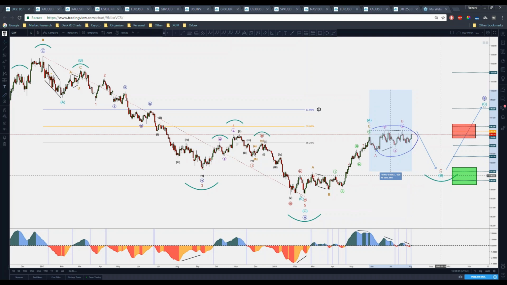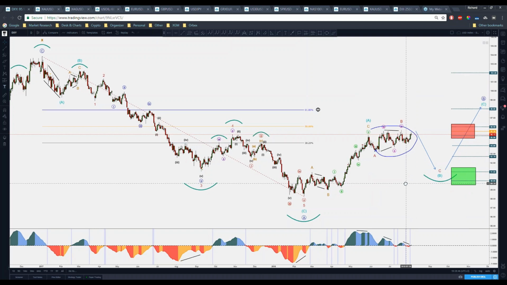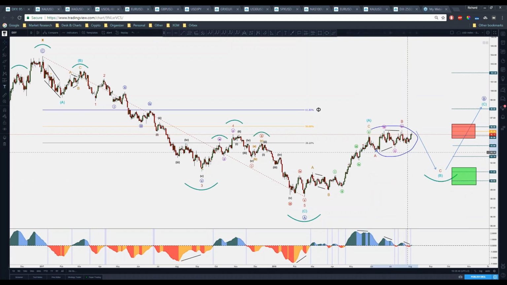Now, for this to be considered a B wave for an entire correction, B wave took less time than wave A did. So time-wise, it would contradict with the correction being over, unless it's a triangle. But still, the possibilities are, in my personal opinion, slightly higher for this to commence a bearish impulse. But in the market, anything can happen.